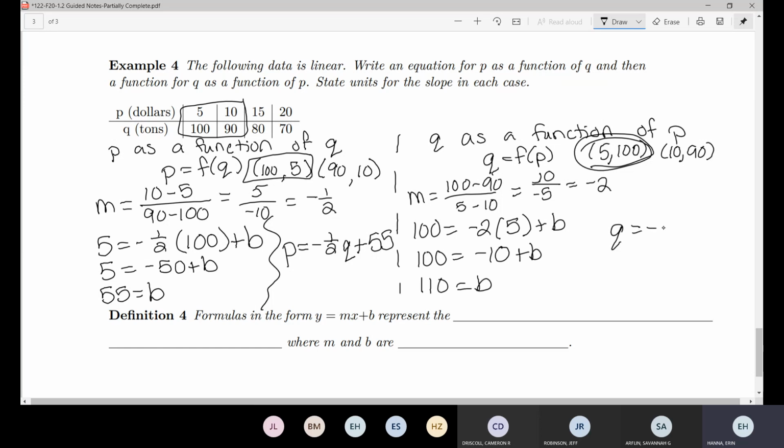So q equals -2p plus 110. I think that's right. Yeah. Questions, concerns? Doesn't seem like it.